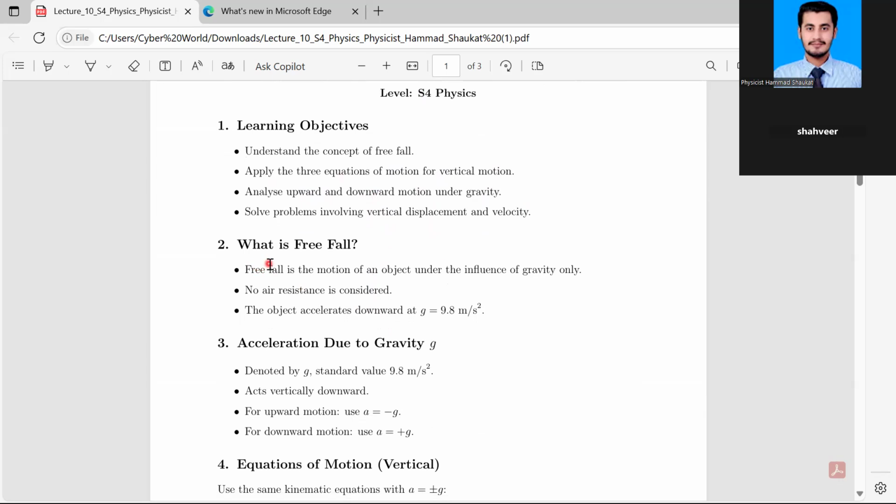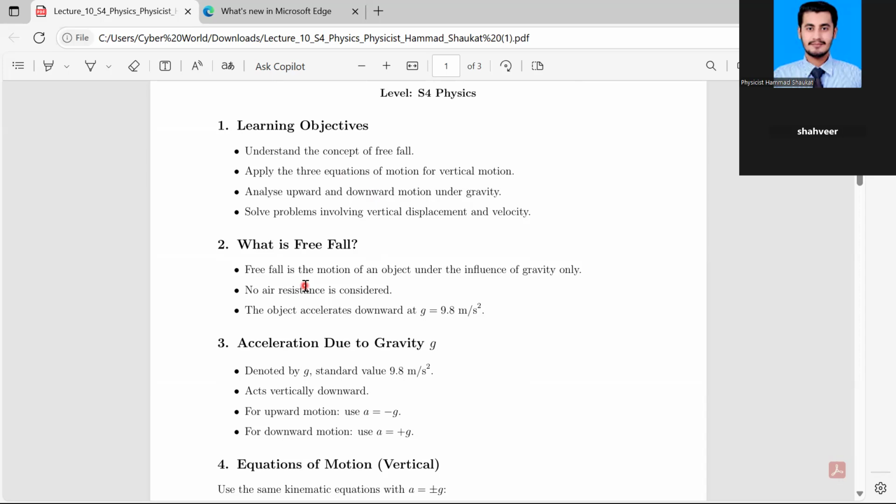We have to know what free fall is. Basically, free fall is the motion of an object under the influence of gravity only. When gravity acts on objects, those objects move under the action of gravity, and this type of motion is called free fall motion. If bodies are influenced by some other things, those motions are not called free fall motions.